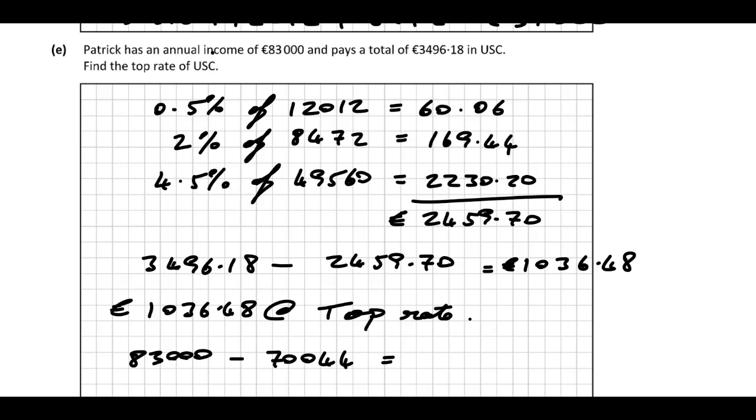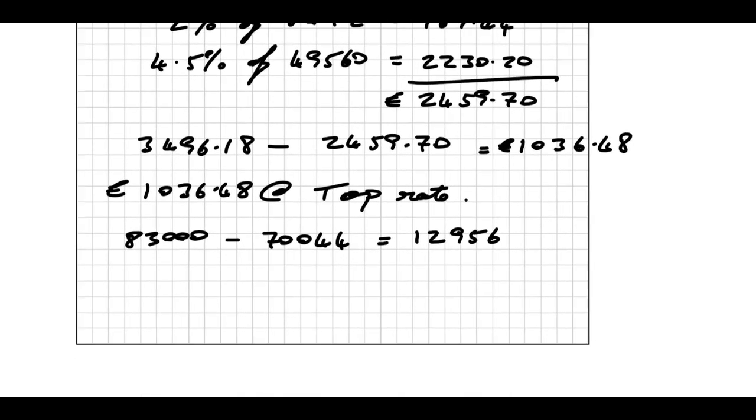If you subtract those two, 83,000 minus 70,044, that gives you 12,956. So he is paying the top rate on this amount here.